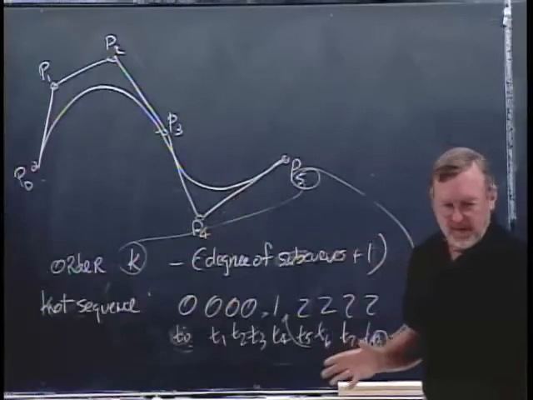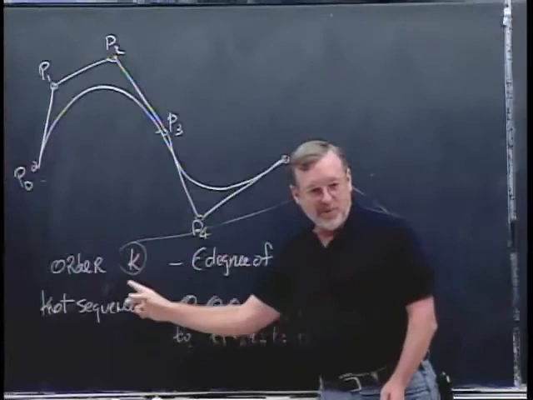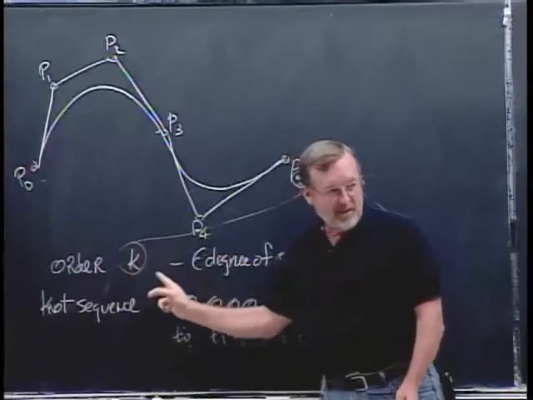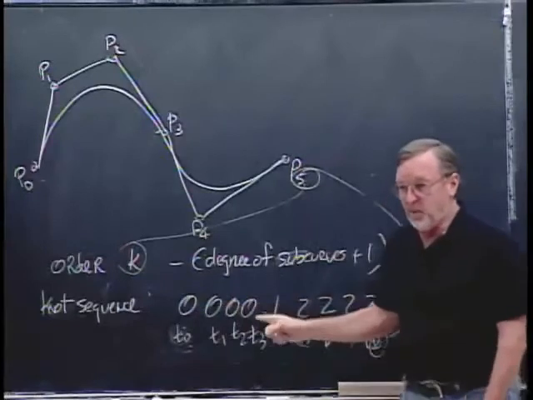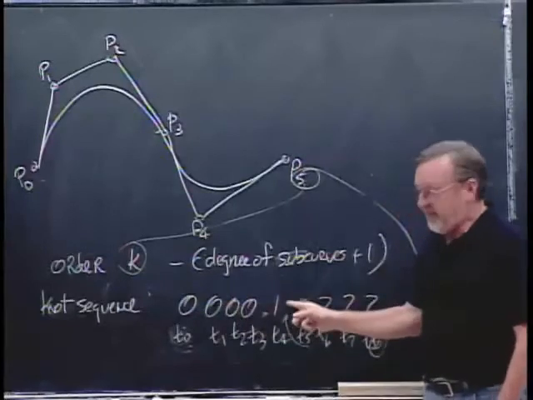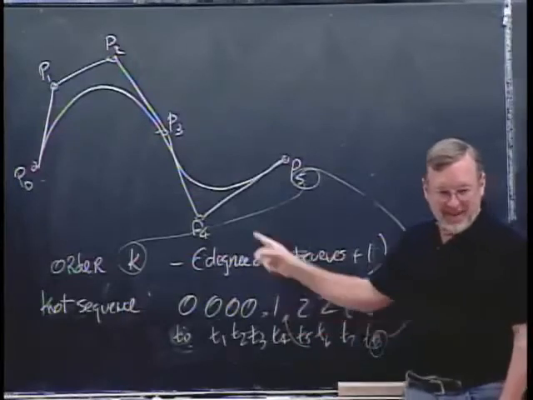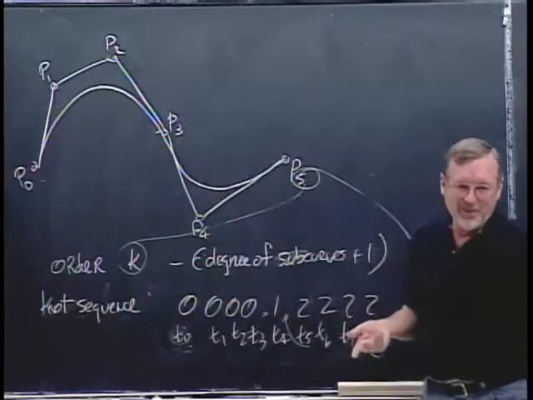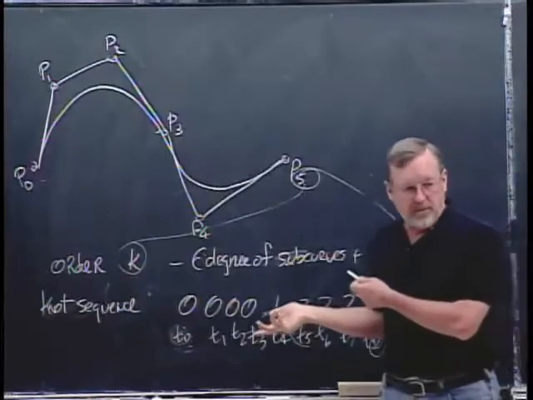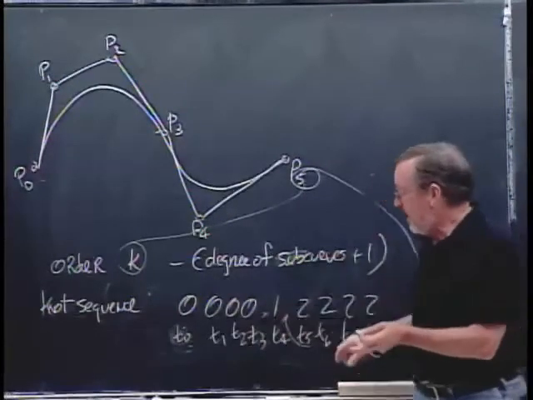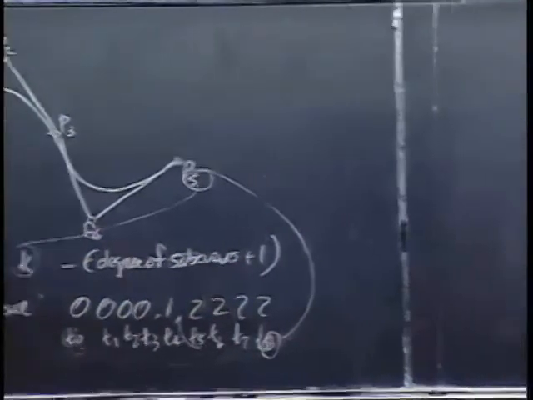The only things you need to do is tell it the order of the curves that you want, or the degree, and give it this knot sequence, which kind of forces it to go through. By the way, if I had 4 1s in here, one of the control points would also go through the curve, be on the curve. You need to experiment with them a little bit, but they are the same thing as Bezier curves. So those are curves.